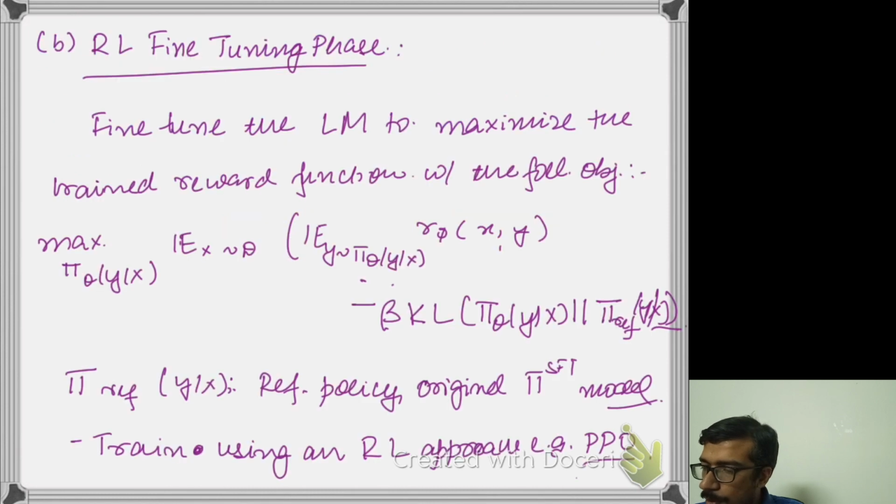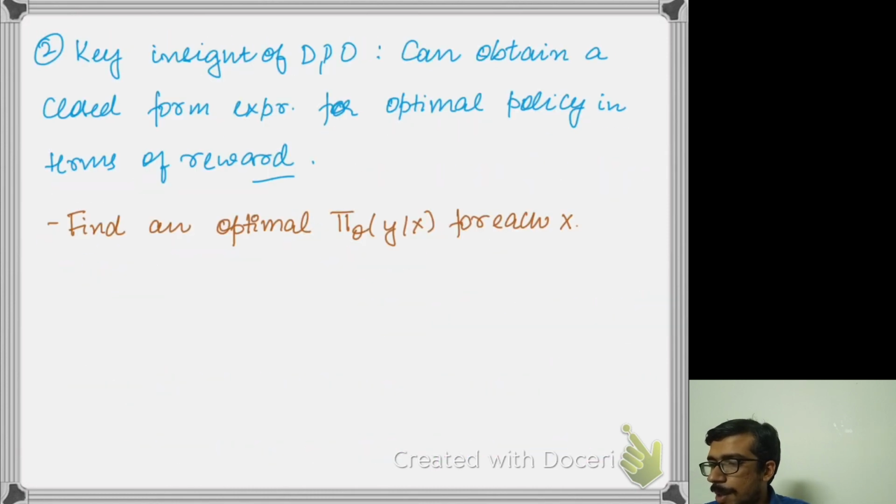Right. So of course, we have already discussed this RLHF pipeline. So now we are trying to derive the DPO approach. So the key insight, which I also discussed in the first part of the lecture, was that we'll try to derive a closed form expression for the optimal policy in terms of reward.